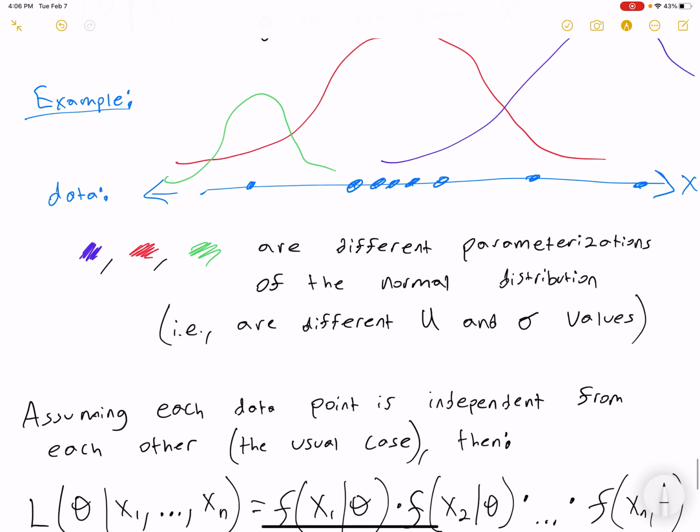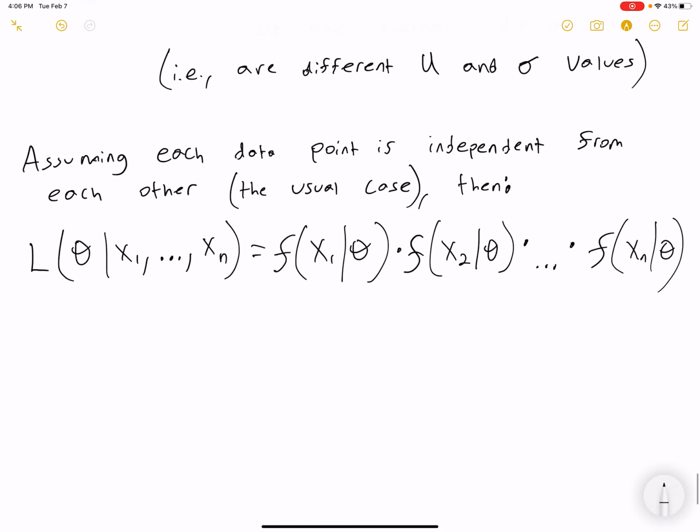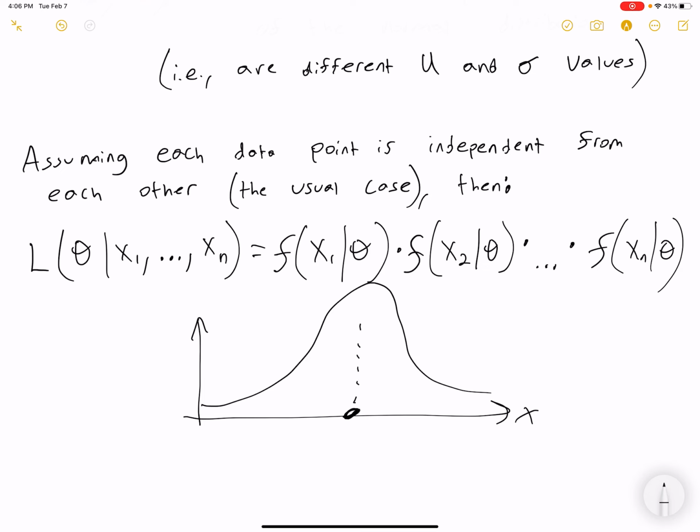For example, if your data point has this value, then the likelihood that you have this distribution is higher than this distribution because the value of the PDF is much higher. Is that an intuitive explanation as to why the likelihood is at least proportional to multiplying out the values of the PDF?